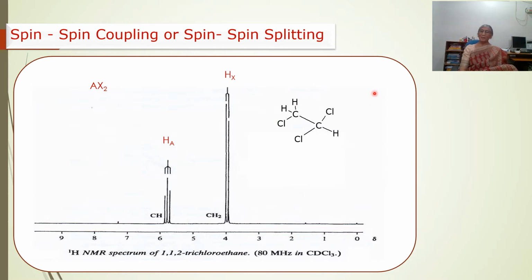So again we can apply the n plus 1 rule, where n is the number of neighboring protons. The number of neighboring protons here is 2, and therefore the signal of the methine proton splits up into 3 peaks. Whereas the neighbor of the methylene proton is only one proton, therefore the signal of the methylene proton splits up into two peaks.